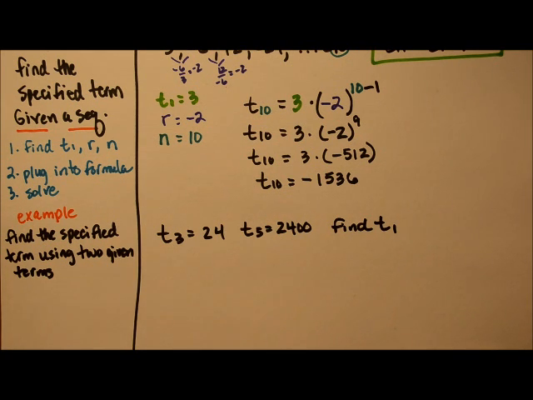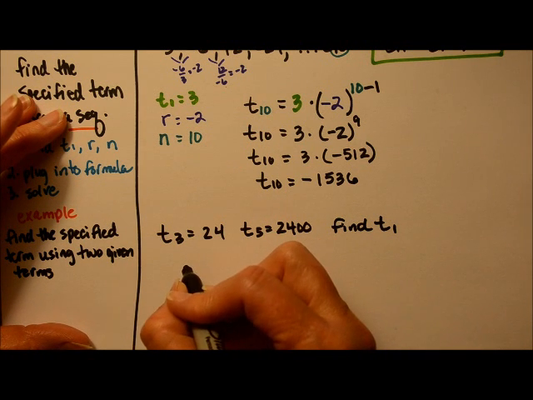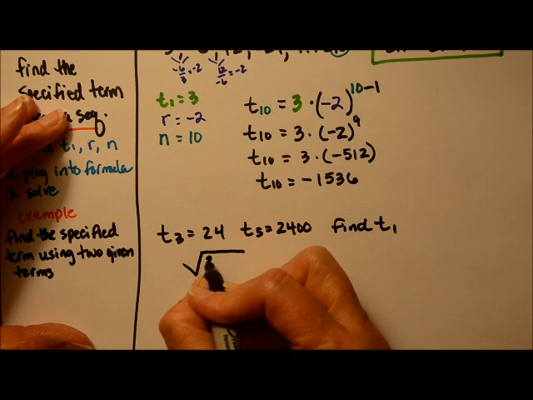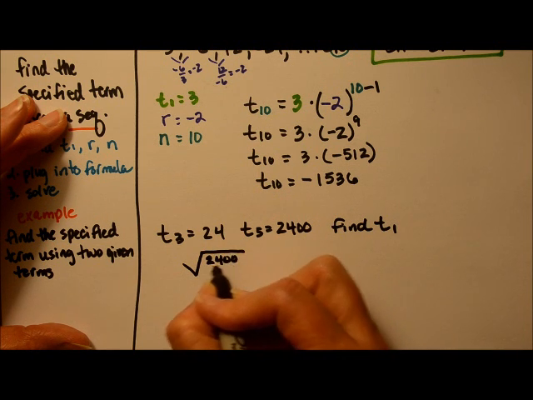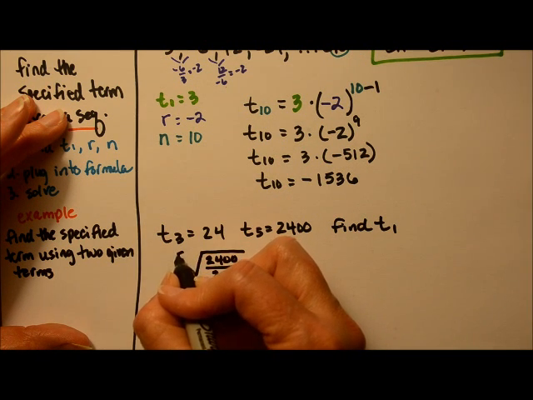Well, the first thing, I know I'm having to find T1, so I must need to find r right off the bat. So to find r in this one, I'm going to have to use that geometric mean. So this is when we start doing those geometric means. What I'm going to use is the square root of 2400 over 24, and I have 5 minus 3.